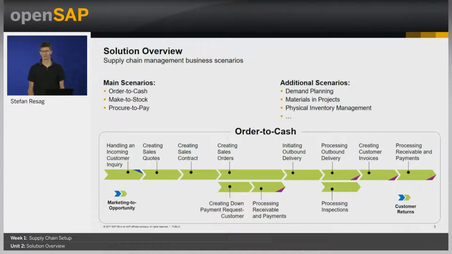Physical inventory management will help you synchronize the current stock levels with your system records. Just to mention a few supporting scenarios. You will learn a lot more about these and all other relevant scenarios in the upcoming weeks.